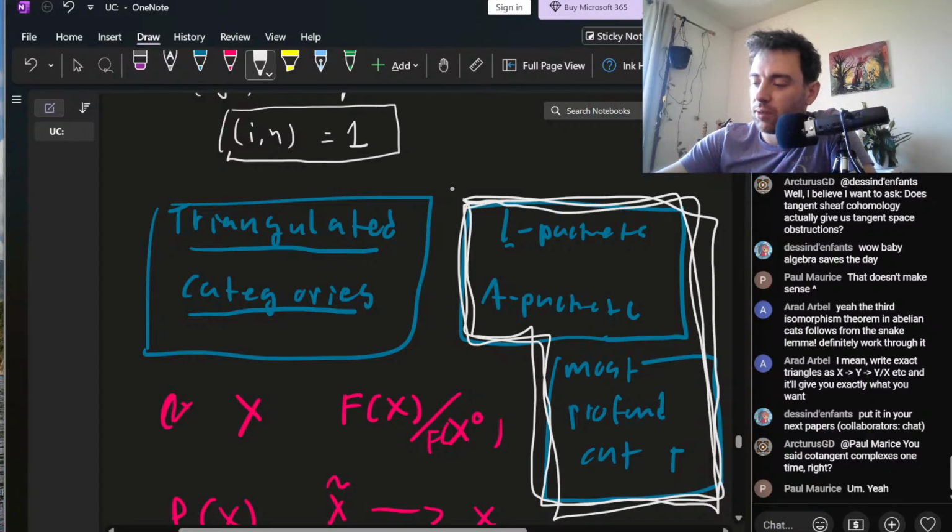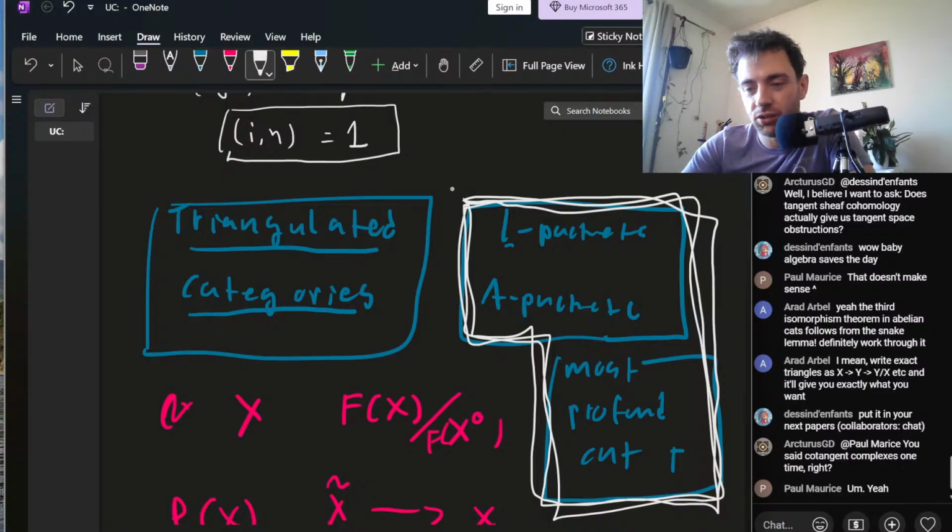Yeah, Arcturus, you got me on a roller coaster ride because I'm happy that you're actually drilling down and doing basic math, but then here you are just saying words again, just word salad. Doing math is not just saying words. Like, Paul Murray said the words cotangent complexes, and the questions you ask, just because you put the words together doesn't mean that your questions make sense. So I know you're excited, and that's awesome. I'm happy that you are taking some feedback seriously and working on basic things like logic.